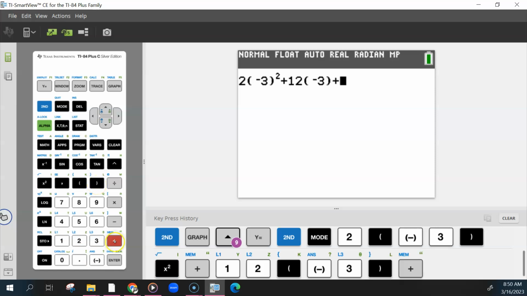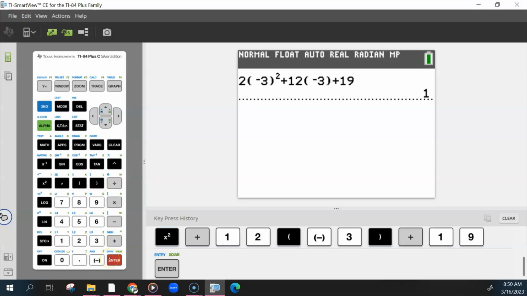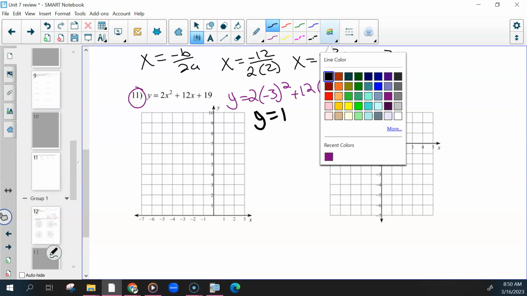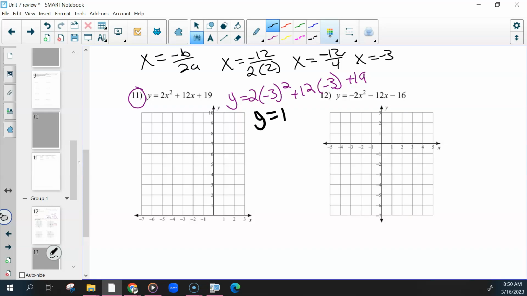I haven't gotten there yet, but I think that is good. Yes. So then you would plot that point, -3, 1.